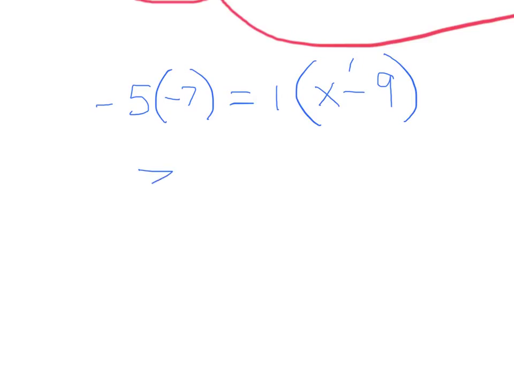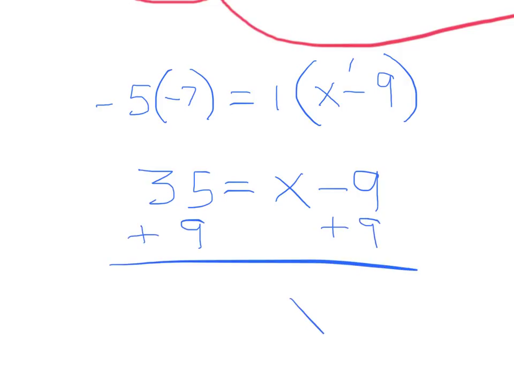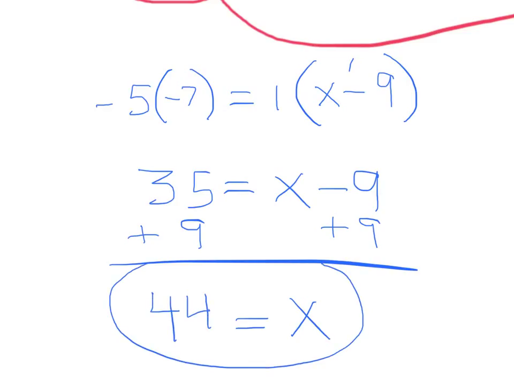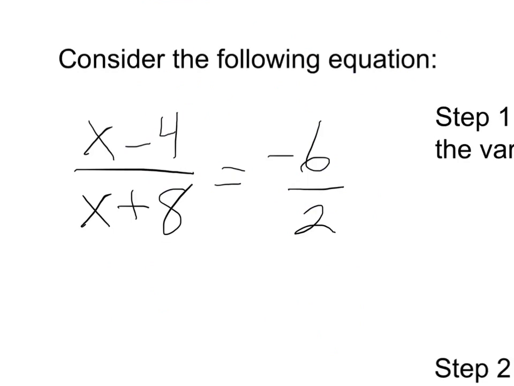Okay, so we got 35 on the left equals x minus 9. Add 9 to get x by itself, and we get x equals 44.